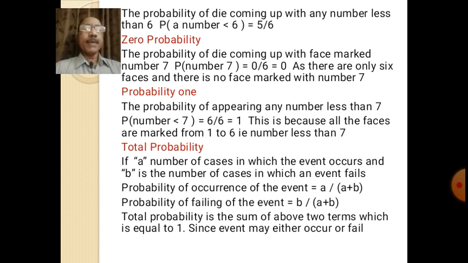What is total probability? If A is the number of cases in which the event occurs and B is the number of cases in which the event fails, the probability of occurrence of the event is A upon A plus B. The probability of failing of the event is B upon A plus B. So, the total probability is the sum of the above 2 terms, which is equal to 1, since the event may either occur or fail, isn't it?